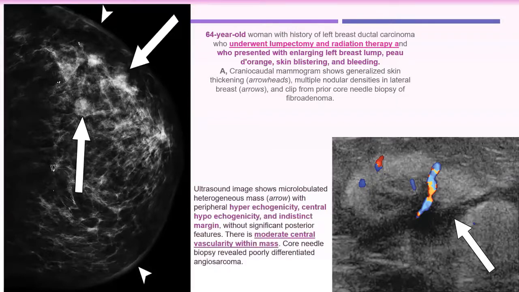So it is hyperechogenicity with central hypoechogenicity, indistinct margins, no posterior features, not very clear here, and moderate central vascularity within the mass. So it was a poorly differentiated angiosarcoma.